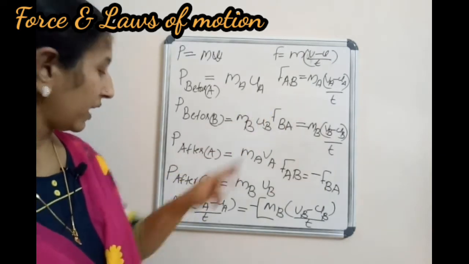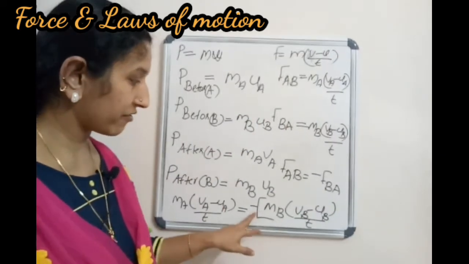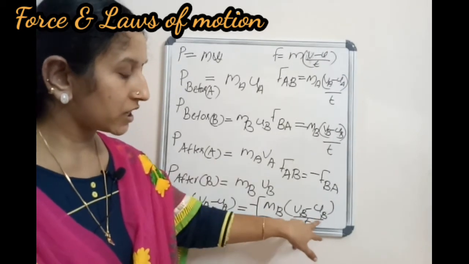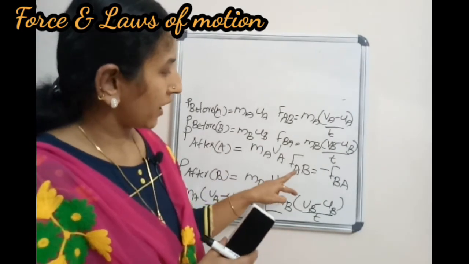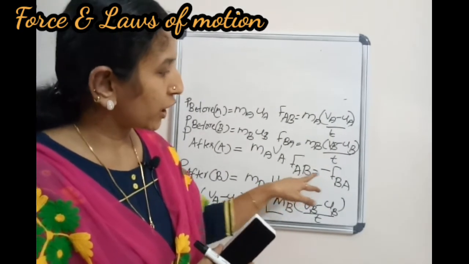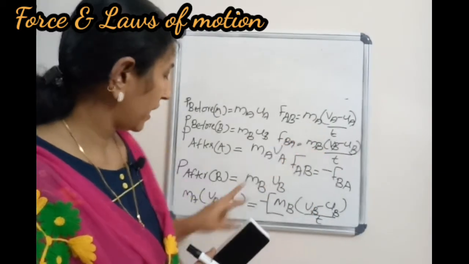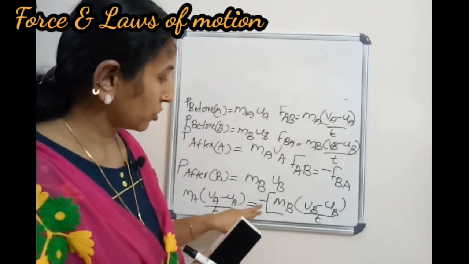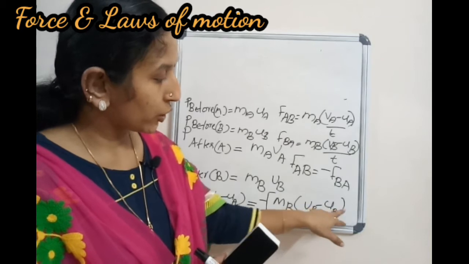So according to the third law, MA into VA minus UA by T equals minus MB into VB minus UB by T.